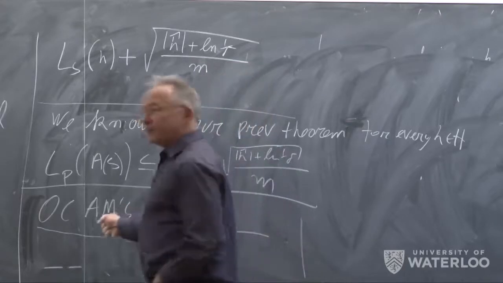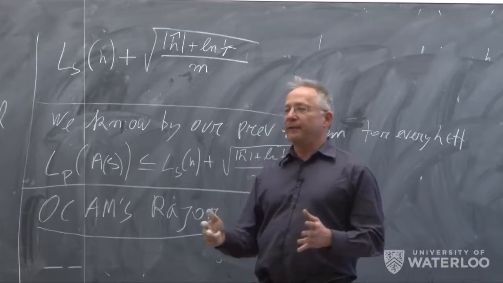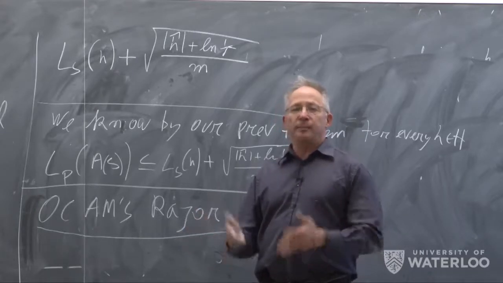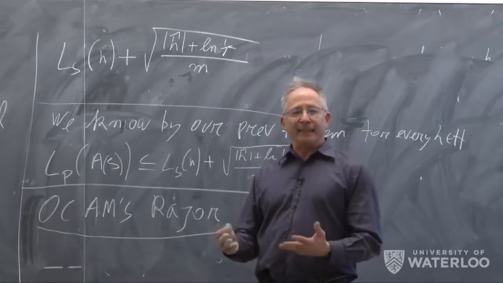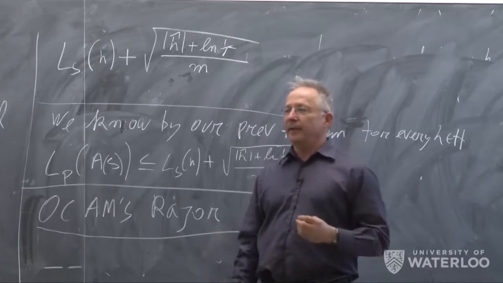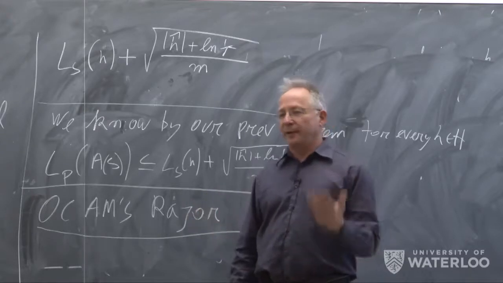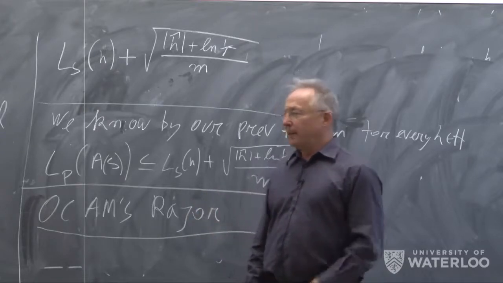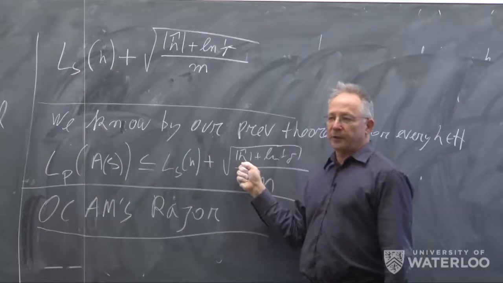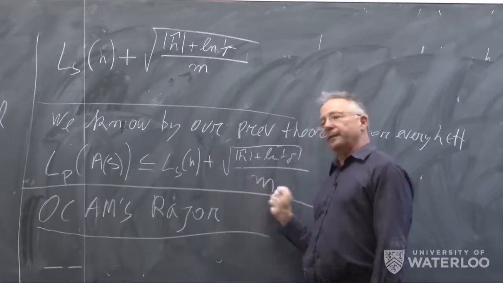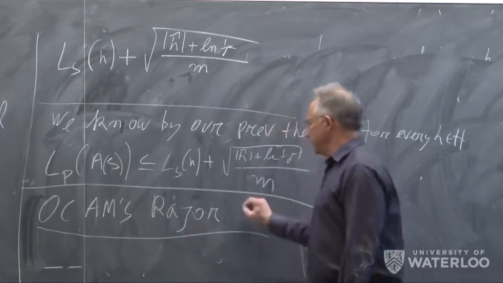And Occam's principle was, when faced with different possible explanations, always pick the shortest explanation. He already had this idea that when you have to choose between different explanations, always prefer the shorter explanation. And this is what this algorithm really proves works. Prefer short explanations, because for short explanations, you pay a smaller penalty. So this is called the Occam's Razor principle.